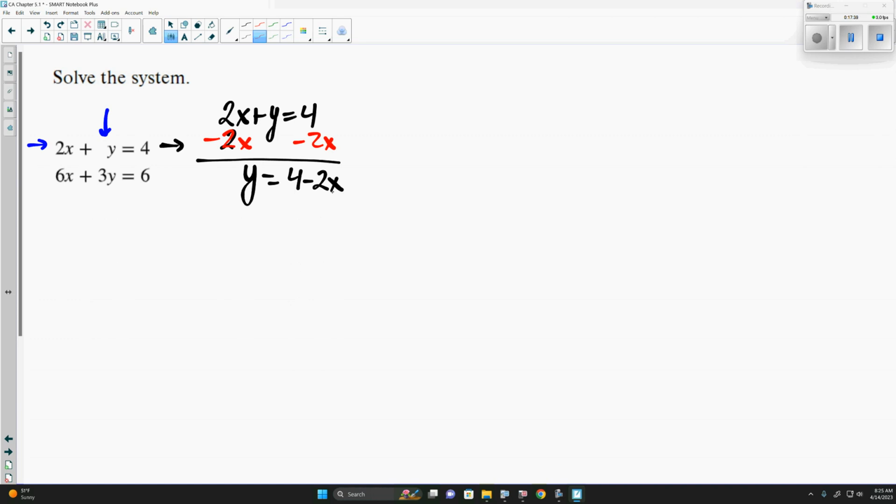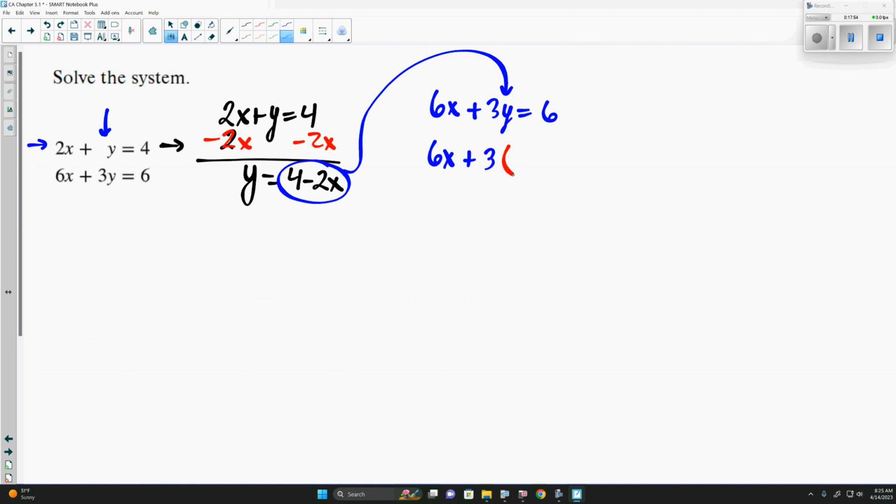Now at this point, we can take this here and plug it in for y, which will tell us that we have 6x plus 3 times (4 minus 2x) is equal to 6.